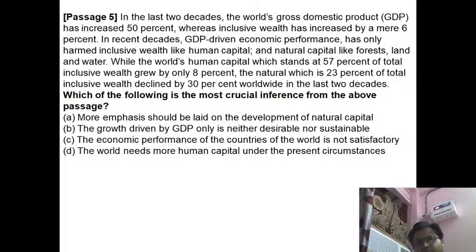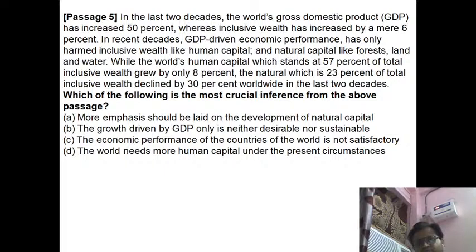And the growth driven by GDP only is neither desirable nor sustainable. Try to check this option as well. Yeah. See, in recent decades, GDP driven economic performance has only harmed inclusive wealth like human capital and natural capital like forests, land and water.